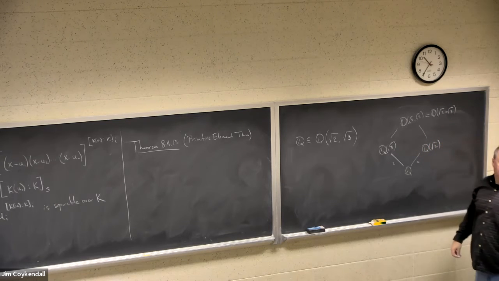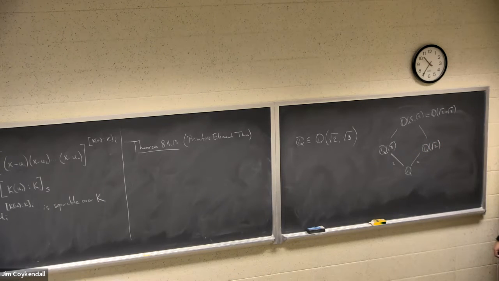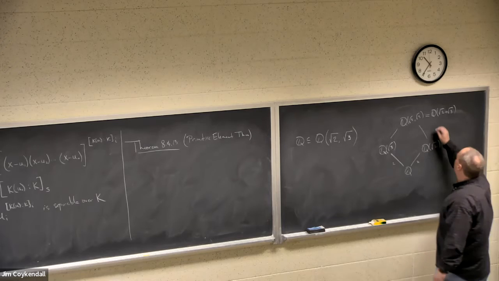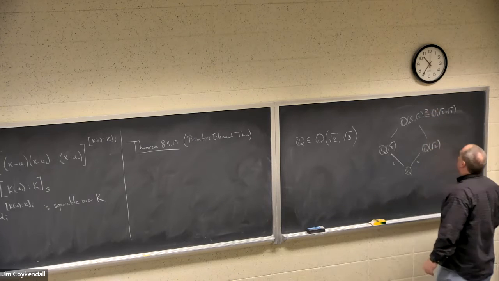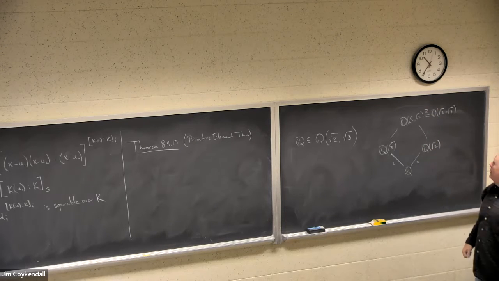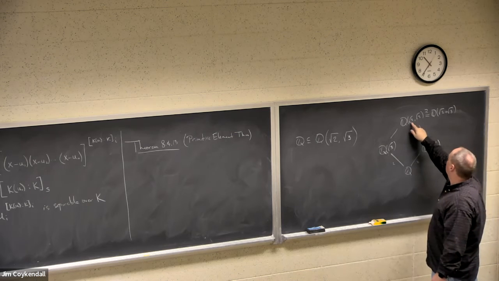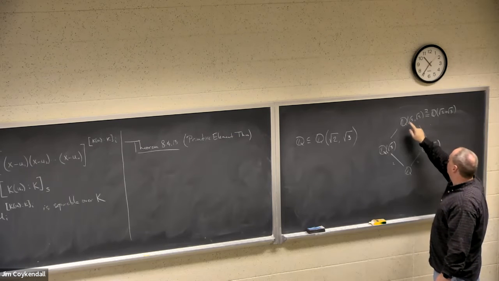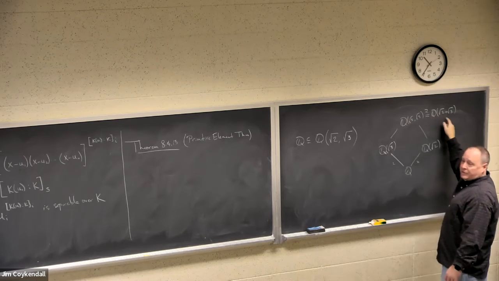It turns out this extension is the same thing as Q adjoin radical 2 plus radical 3. Let me justify that a little bit. Let me point out that certainly we have that containment, because in this we've got radical 2, and in this we've got radical 3. So this thing contains that sum, so it must contain this.